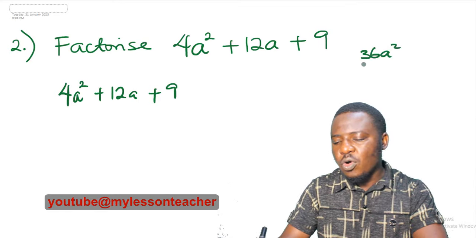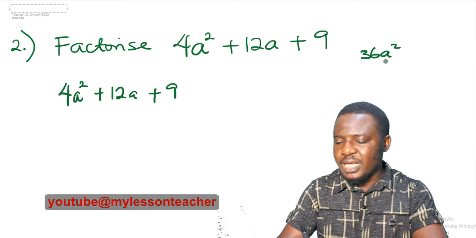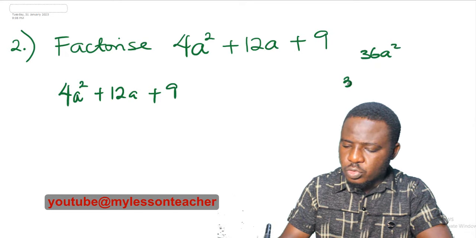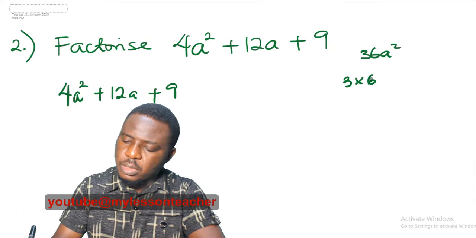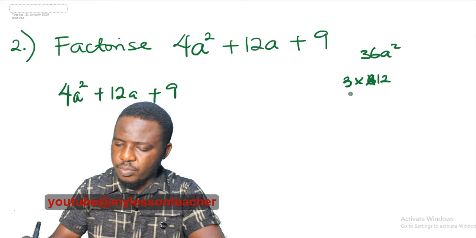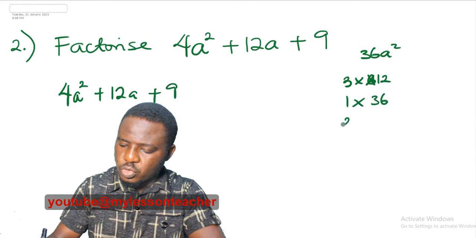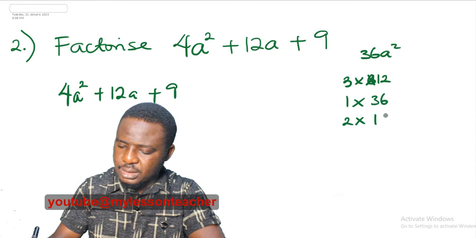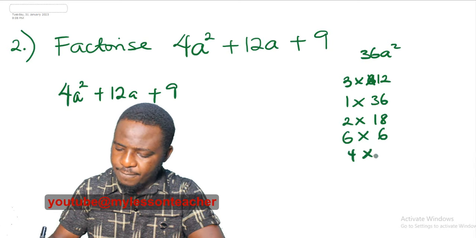And look for all two factors that when you multiply them together, give you 36a squared. We have 3 times 6, 3 times 12, we have 1 times 36, 2 times 18, we also have 6 times 6, 4 times 9.